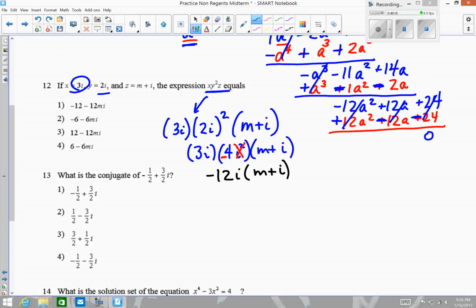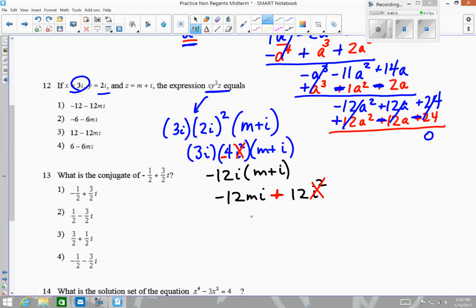Now I've got to distribute the negative 12i: negative 12mi minus 12 with an i squared, but we're going to replace our i squared with a negative 1, which means I'm multiplying negative 1 times 12, getting a negative 12, but when I subtract it, it's as though I'm adding.